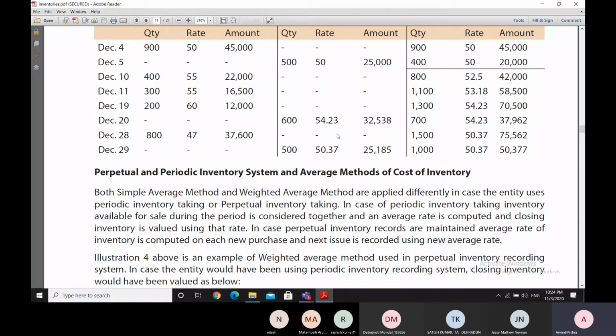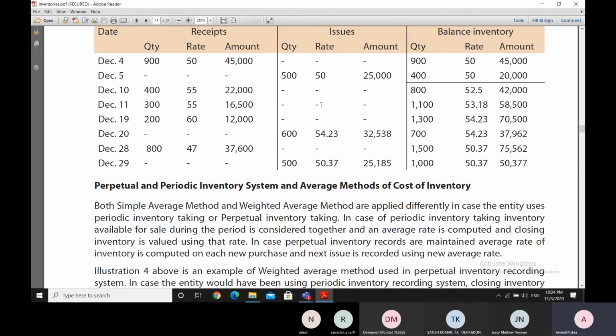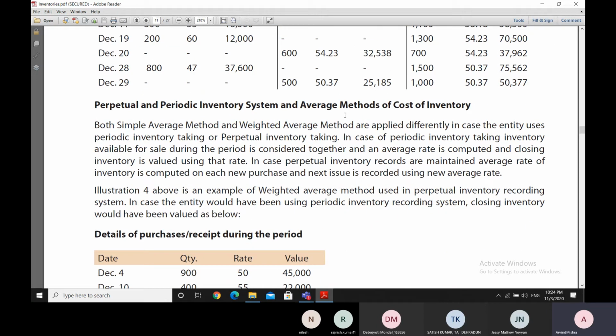So that is the weighted average price method, by which we are calculating the weighted average price every time new items are being received. And we are going on calculating in every line with every date-wise calculation going on.